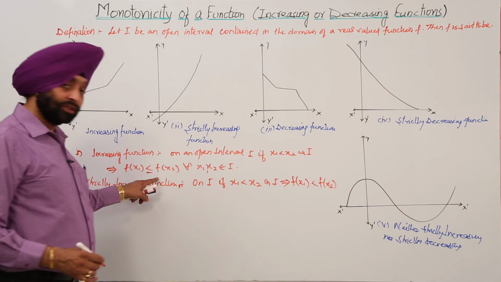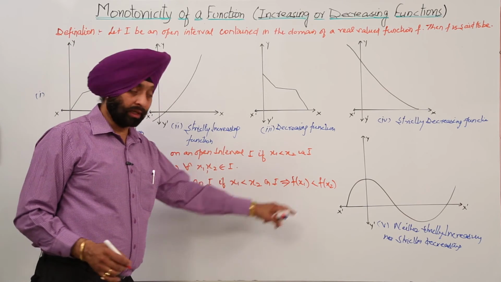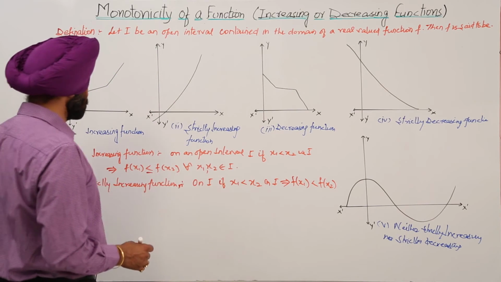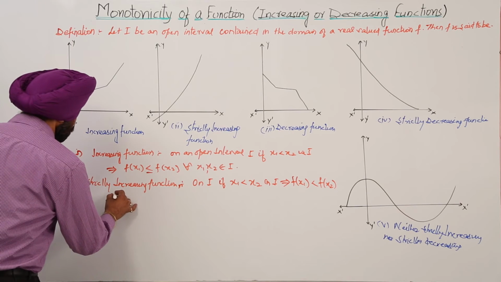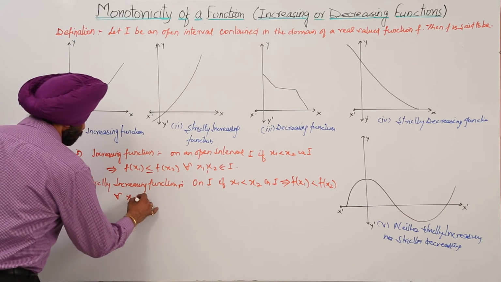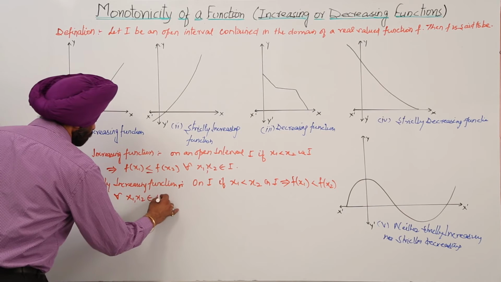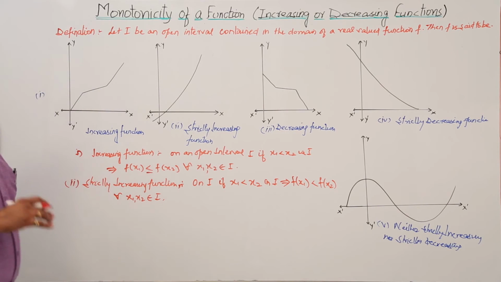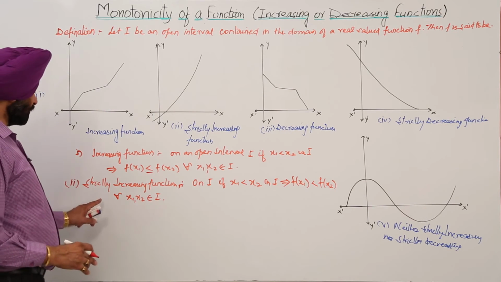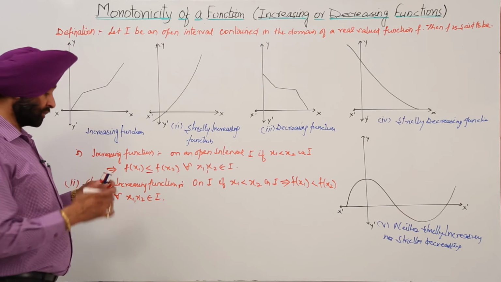Here it was less than or equal to, here it is only less than. If f(x1) is less than f(x2) for all values of x1, x2 belonging to I, then it is called a strictly increasing function.